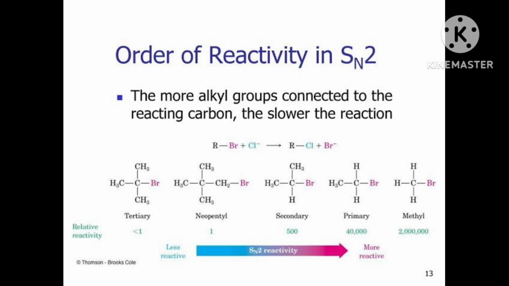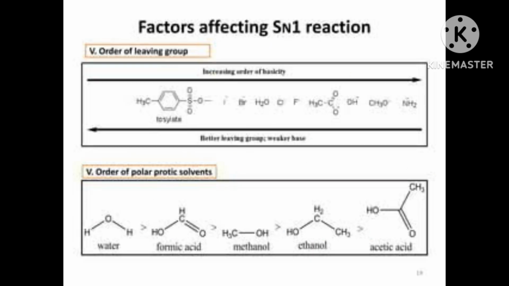In SN1, that is the fastest: two bulky groups attached, one methyl and one phenyl. Second is when one H is there and one phenyl group is attached, that is CH C6H5 Br, with the other hydrogen replaced by the phenyl group.